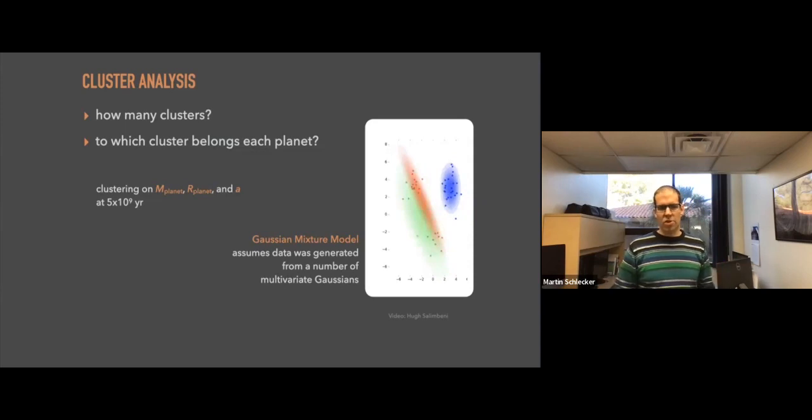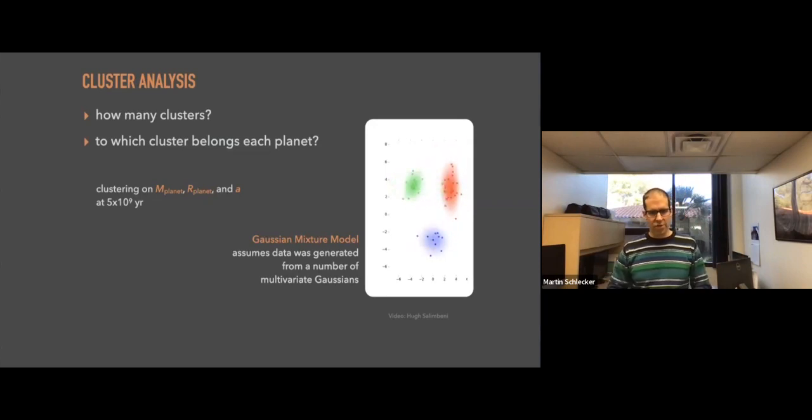And so for this task, we chose 3 typical exoplanet observables: the planet mass, planet radius, and the semi-major axis of their orbits. And we did the cluster analysis using a Gaussian mixture model. So what does this do?